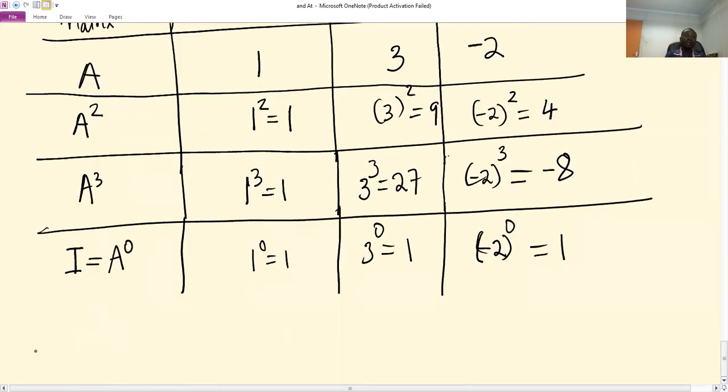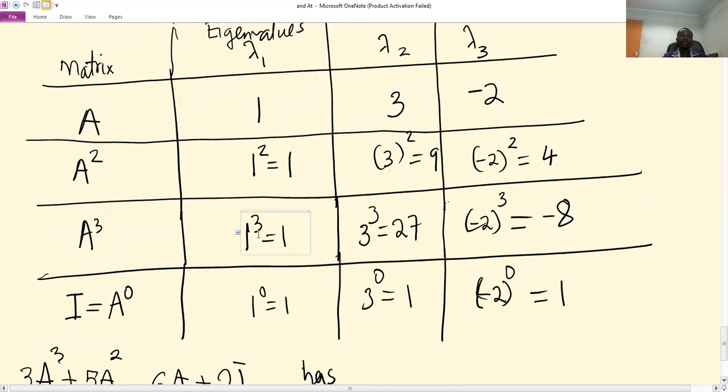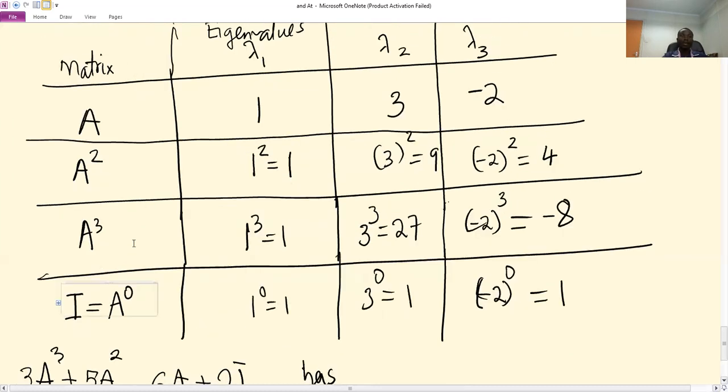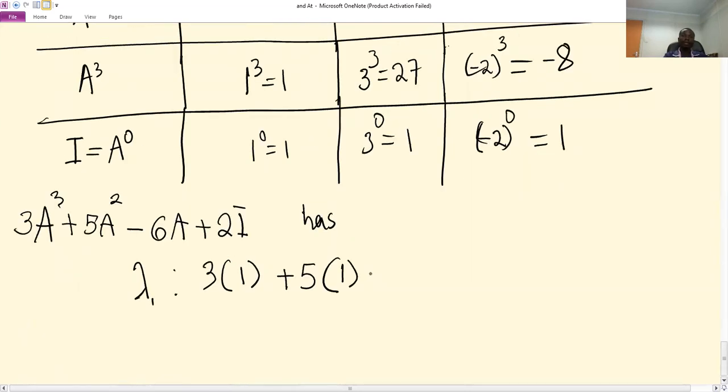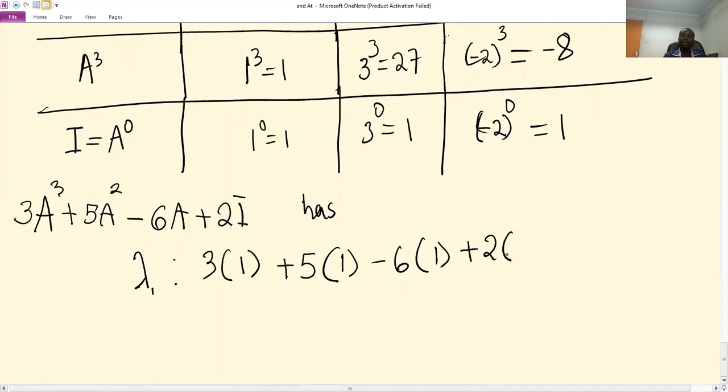Which means that for 3A cubed plus 5A squared minus 6A plus 2I, lambda 1 will be given by 3 times A power 3, where the lambda 1 value is 1, so you put 1, plus 5 times, for lambda 1 when you square A, the answer 1, minus 6 times lambda 1, which is 1, plus 2 times I, which for lambda 1 is also 1.